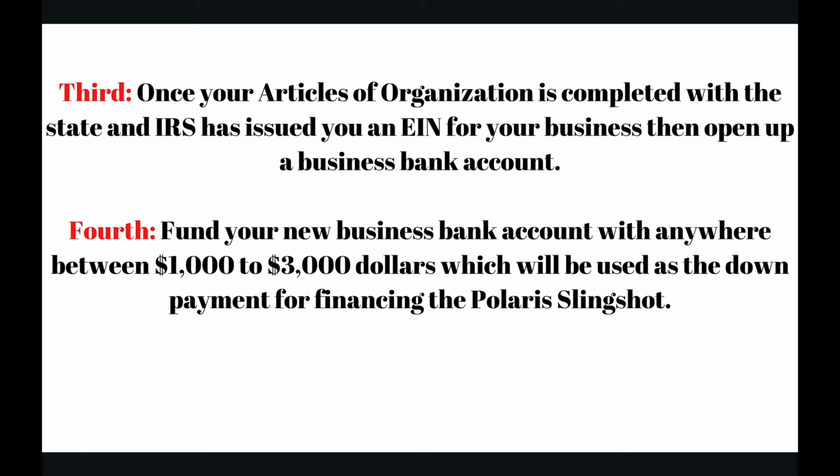And the reason why I recommend that bank is because they give business lines of credit and business loans to brand new businesses upwards of $50,000. So I highly recommend that you open up a business bank account with them. Other companies that I also use are Chase Bank and Wells Fargo. So you can just choose whatever bank you resonate with or whatever bank is local in your city or state.